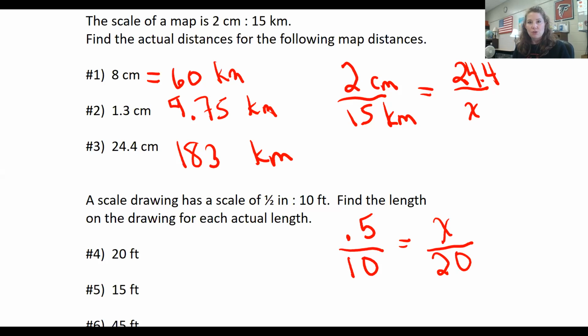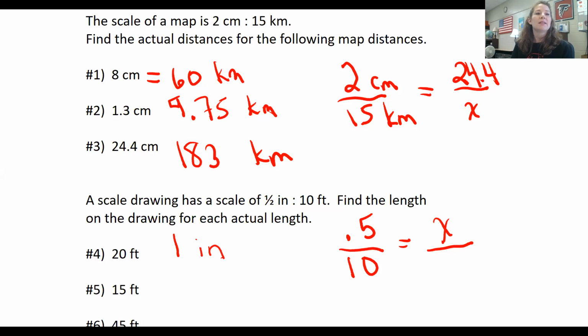So we're going to cross multiply. 20 times 0.5 is 10, and 10 divided by 10 is 1. So 1 what? 1 inch. All right, now instead of 20, we're going to use 15.